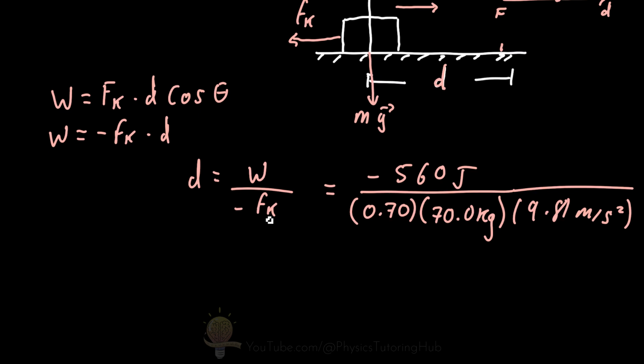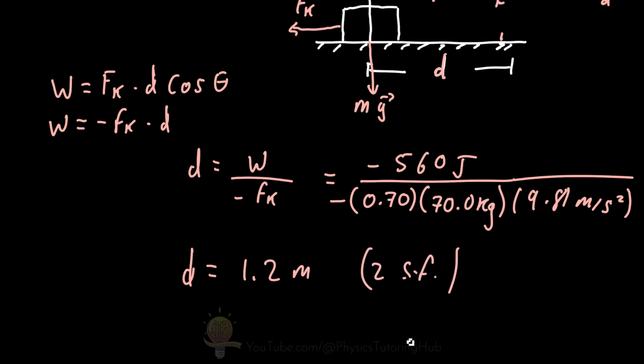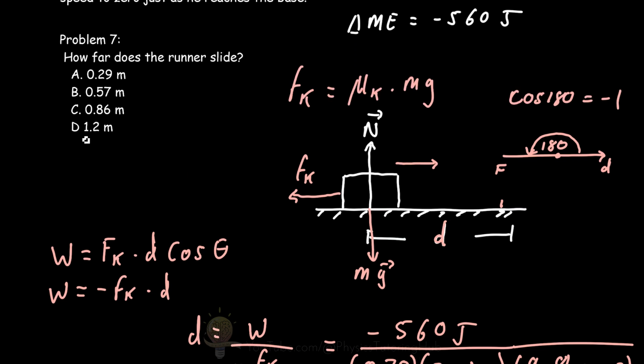And this force here is negative, so we've got a negative here. Now when we sum this up, we get a positive value because we've got a negative in the numerator and a negative in the denominator. And a negative divided by a negative makes a positive. So we get a positive value for the distance. And this value is 1.2 meters to two significant figures. And the closest value we get is answer D here. And that's our correct answer.